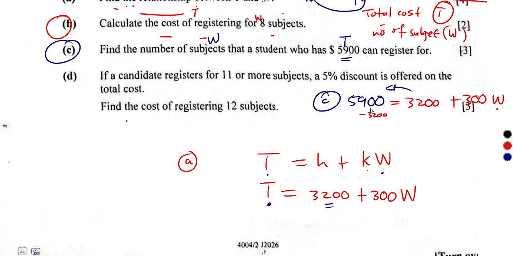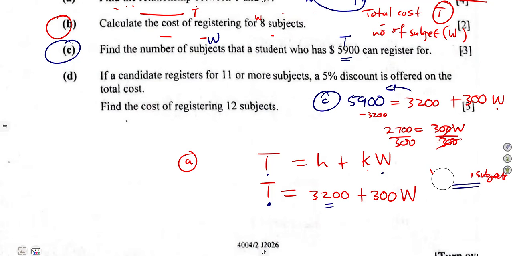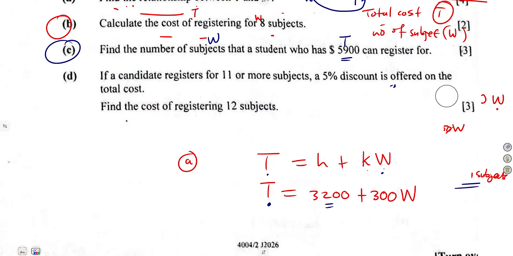So 5,900 minus 3,200 is going to give us 2,700, which is equal to 300 W. Divide by 300 on both sides. So W is equal to 9. That's 9 what? Subjects. So W is 9 subjects, just like that. All right, that's our C.